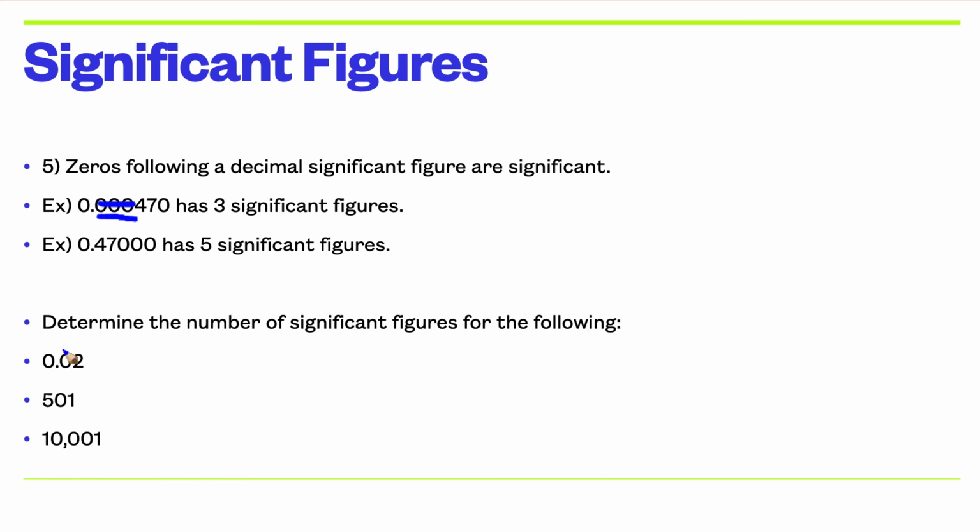This 0 just acts as a place value, so we have 1 significant figure here. 0.501, we have our 2 significant figures, 5 and the 1, and this 0 is in between 2 non-zero digits, so that makes that 0 significant, so we have 3 here. Same thing with 10,001: these 3 zeros are in between non-zero digits, so that makes these 0s significant. So we have a total of 5 significant figures here.